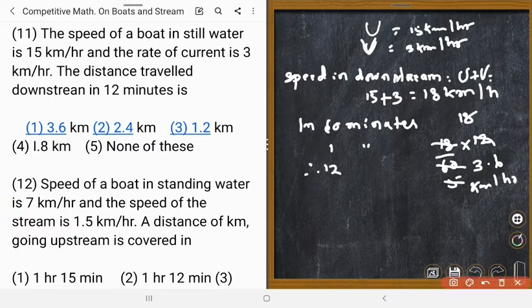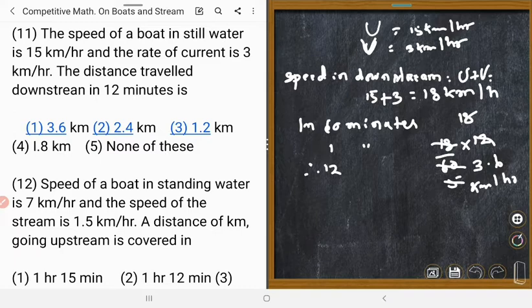Just 1 minute. Could you understand or not? Very easy, isn't it? Or difficult? Tell me. Easy. Question number 11, this is right.